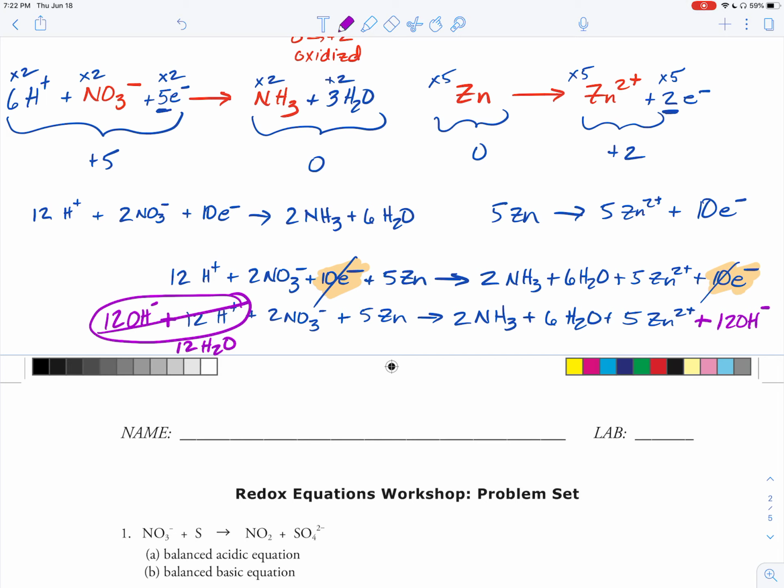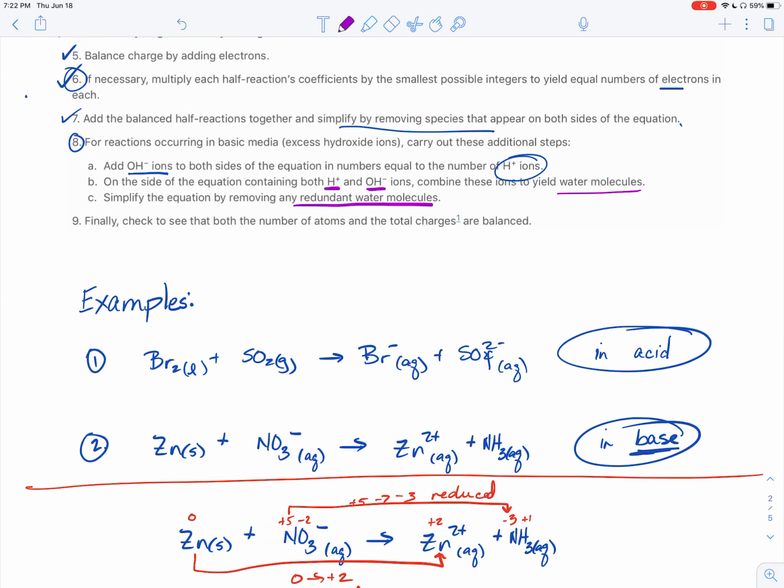So that means that the waters over here on the right-hand side are going to go away. And because 6 of them went away here, I can take 6 of them from here, and that leaves me with 6 left over.